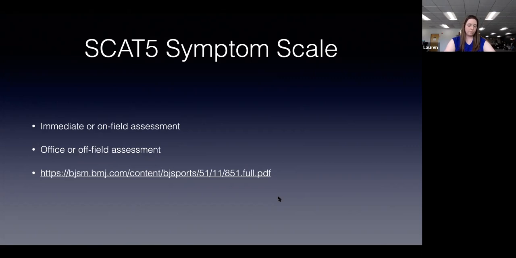And then part 5 is the delayed recall. So those words that you said in part 3 for that immediate recall, 5 minutes later, you need to ask them to list as many of those words that they can remember. So this would be a good tool to use if you are trying to determine if they have a concussion or not.